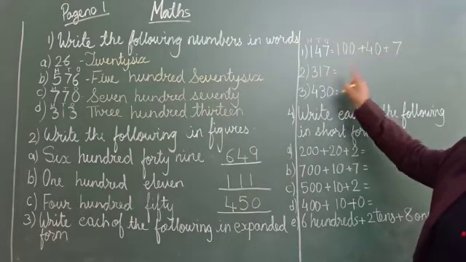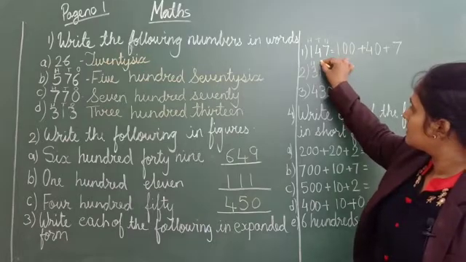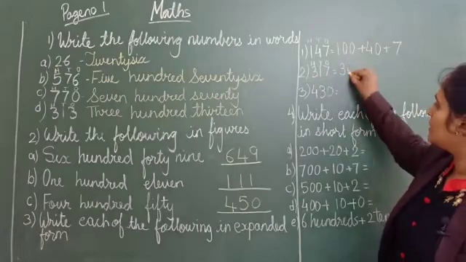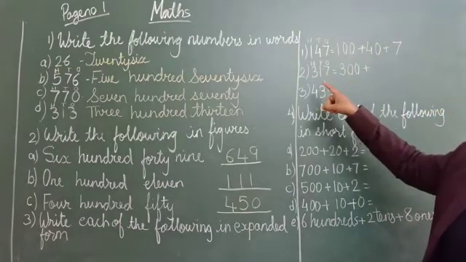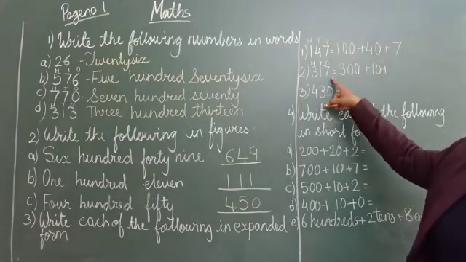Second, at hundreds place we have 3. So what is the value of 3? 300. Now at tens place we have 1. That means the value is 10. And at ones place we have 7.